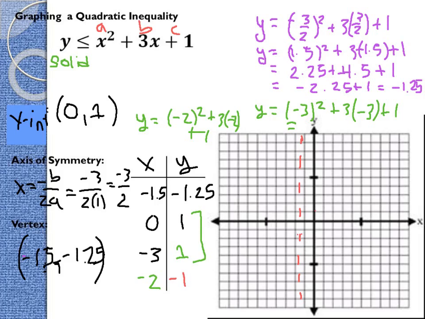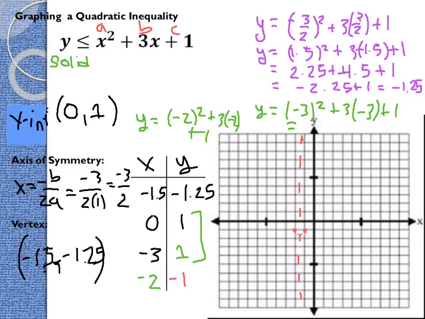And I have -3, 1. And then I have -2, -1. So -2, -1 is located here, just a little bit above my vertex. So if I reflect that across, I go about half a block over. And so I have enough that I can plot my graph.